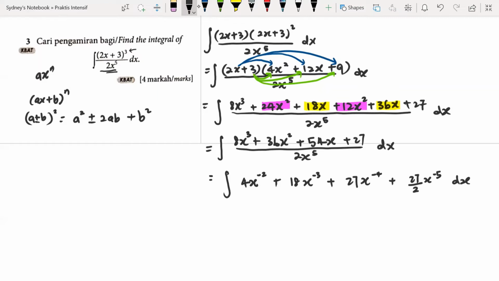Okay, so now everything is in the form of ax to the power of n. We can safely integrate it.